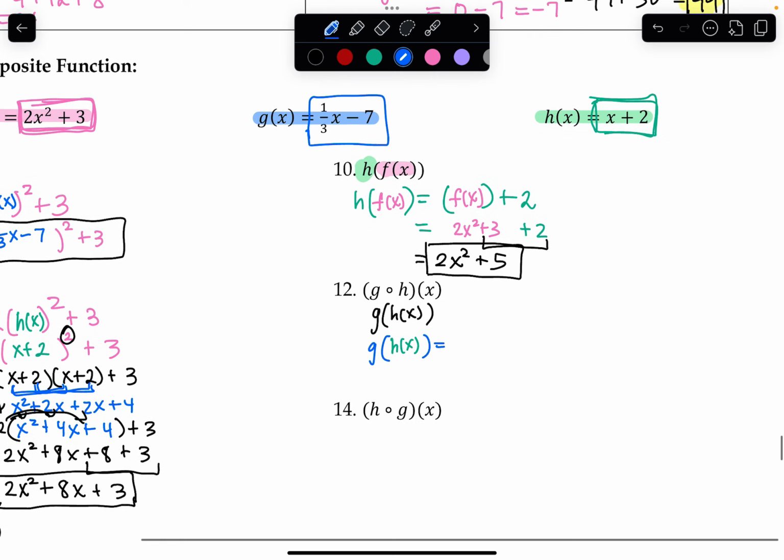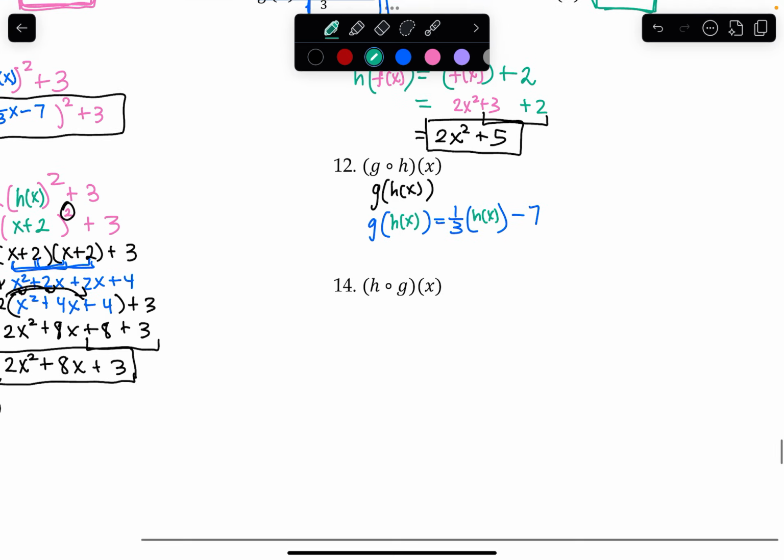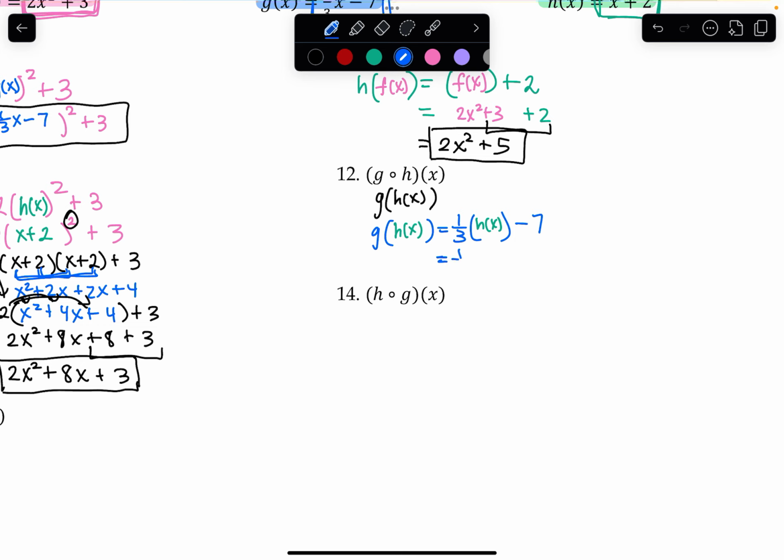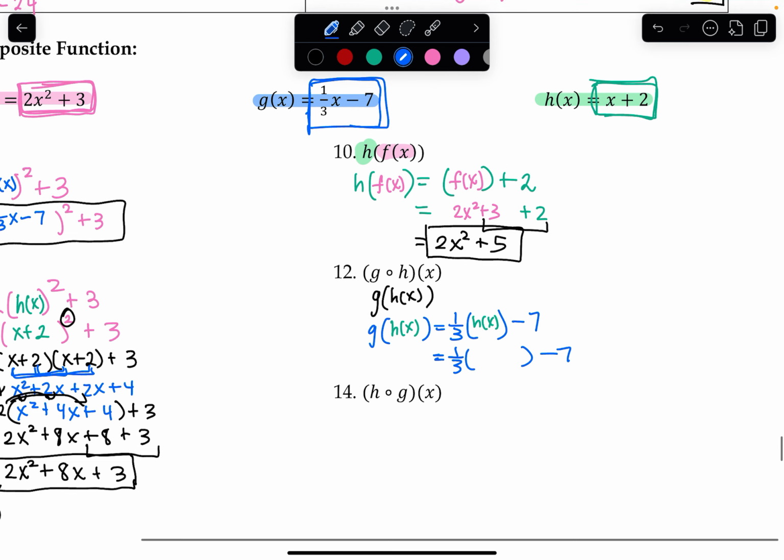So get the rule for g, which is 1/3 x minus 7. And h of x goes in for x. In the next step, I write down the rule for h of x, which is x plus 2.